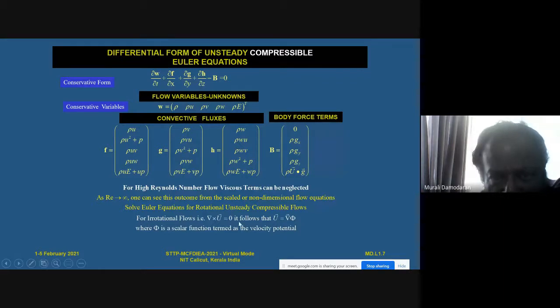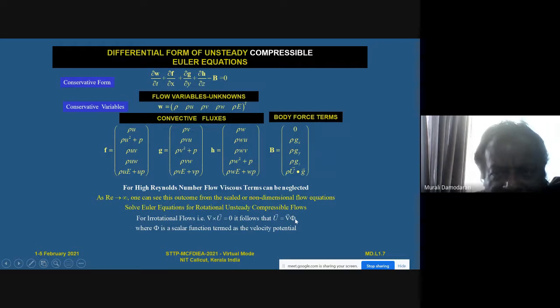Now, for irrotational flows, I can make an assumption, where the vorticity, this is the vorticity del cross u, will be zero. That means that u can be expressed in terms of a velocity gradient of phi.